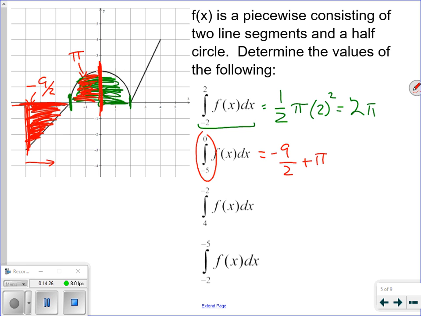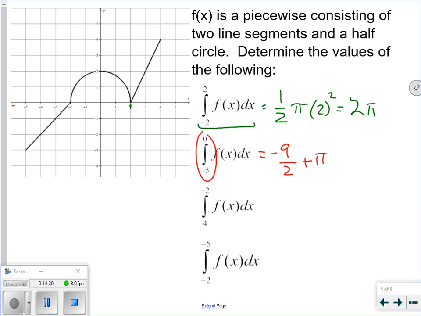Okay. All right. What about this next one? This next one's pretty cool. It says, what about 4 to negative 2? Okay, so here is 4, here is negative 2. Now it's wanting me to go backwards. Just know whenever it's going backwards, it means to change the sign or negate your area.